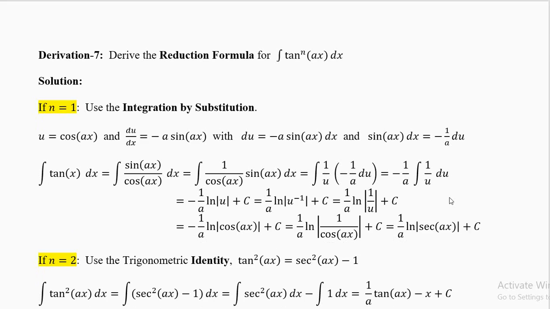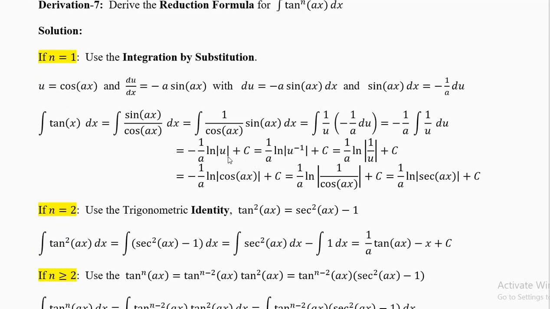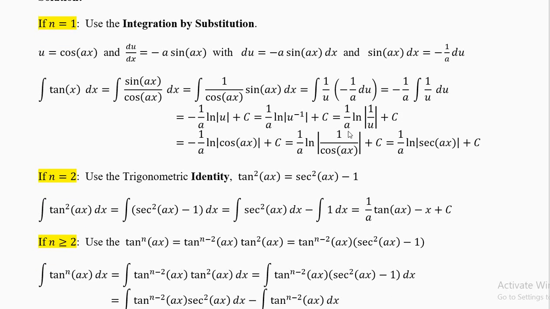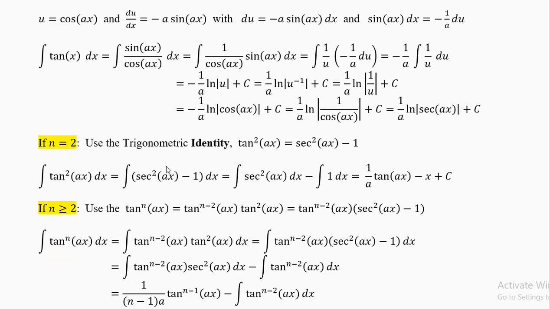When you integrate 1 over u, you will get ln u, and it is minus 1 over a ln u plus c. And u equal to cosine x. There are different ways to write it using the logarithm properties of the natural logarithm. Will not get into much detail about it. If n equal to 2, use the identity tan square ax equal to secant square ax minus 1.